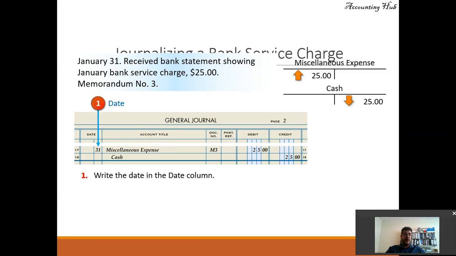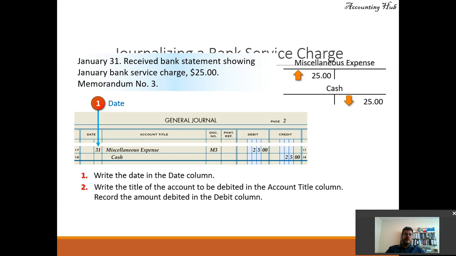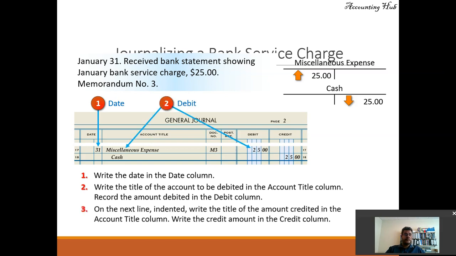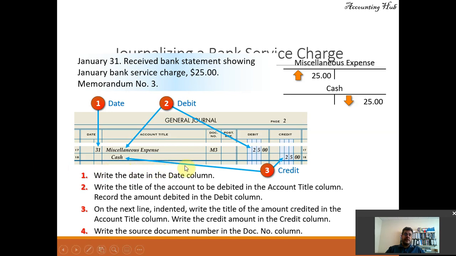Write the date column, title of account, debit, and the amount. The credit title of the account, and the credit amount. And for the source document, for instance, the bank statement and so on. So we call it M3 here.